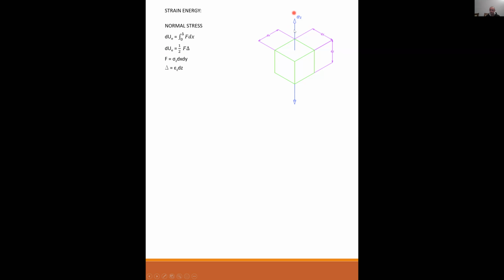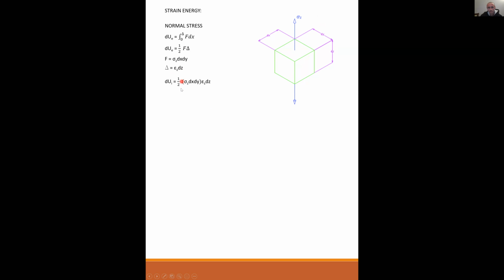So in other words, I put a stress on this cube and it's going to stretch that cube out. We know the stress because it is sigma z. And we know the force is equal to sigma z times an area. And we know the stretching effect from Hooke's law is epsilon z times the original length, which is dz. So now I can substitute all of this back into my energy equation.